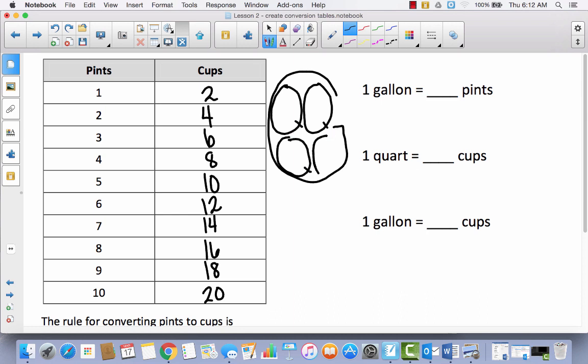And then how many pints are in every quart? There are 2, right? So I'm going to put 2 P's. Now notice these P's. I'm going to make the P kind of big because I'm going to put something inside the P. All right, so 2 P's inside every quart.